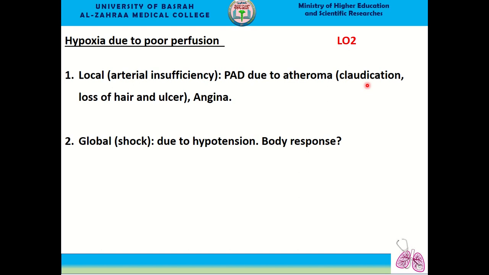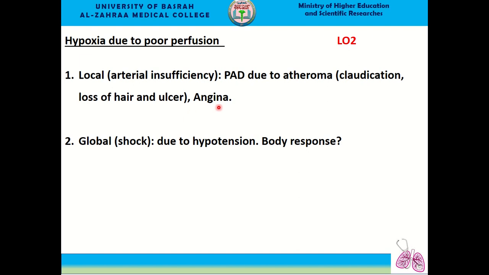Other signs of peripheral arterial disease include loss of hair, because the hair follicle will die due to lack of blood supply, and there might be ulcers in the advanced disease. Ulcers are characteristic of peripheral arterial disease, like in people with diabetes.